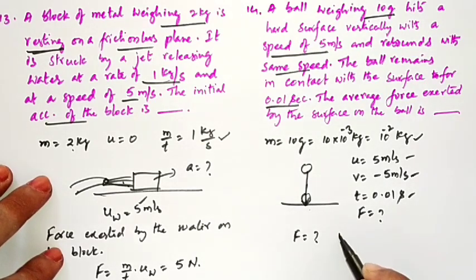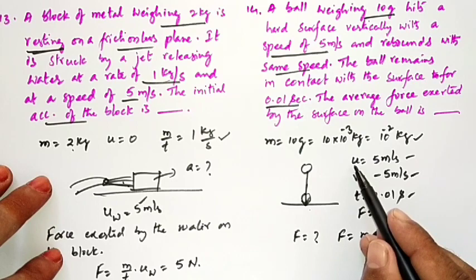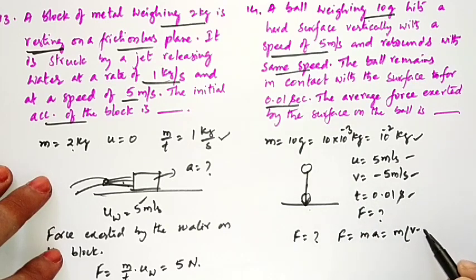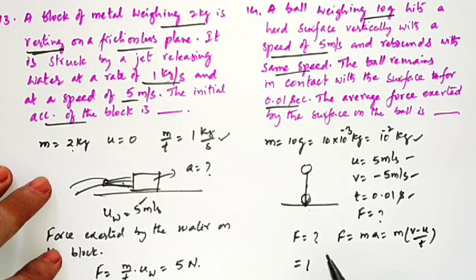So from this I can write F is equal to m into a, that is equal to m into v minus u by t. That is equal to m, which is 10 power minus 2, into v which is minus 5, minus u which is 5, divided by t which is 0.01.